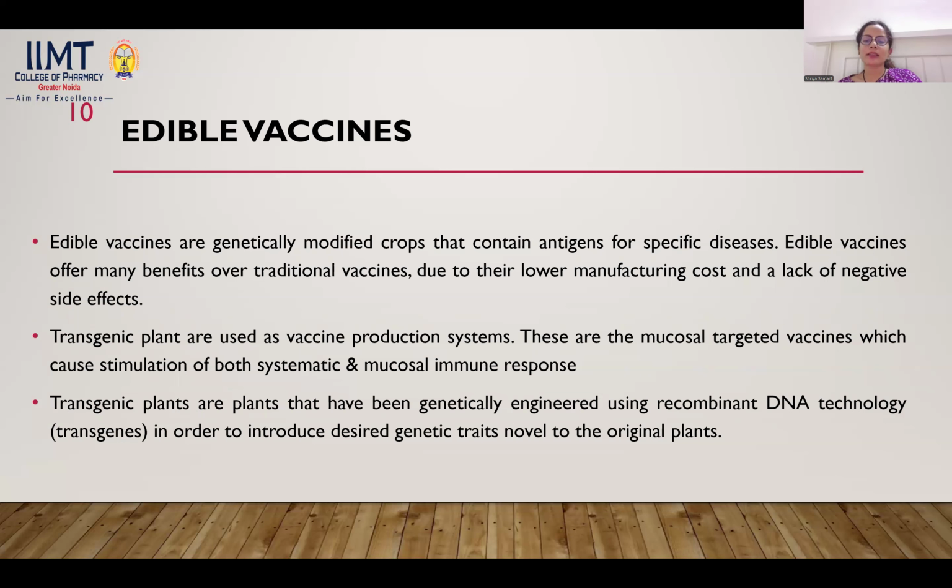Transgenic plants are plants that have been genetically engineered using recombinant DNA technology, which is transgenes, in order to introduce desired genetic traits novel to the original plant. For example, Bt cotton, where Bt means Bacillus thuringiensis, a group of soil microbes that are used to control certain insect pests.